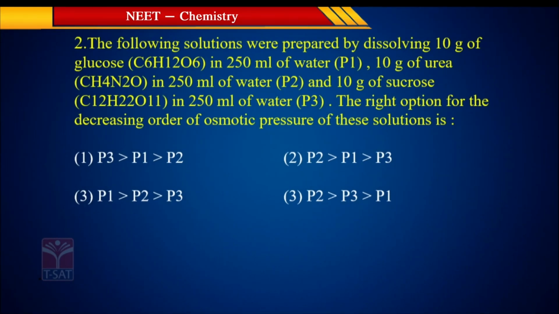The following solutions were prepared by dissolving 10 grams of glucose in 250 ml water, 10 grams of urea in 250 ml of water, and 10 grams of sucrose in 250 ml water.